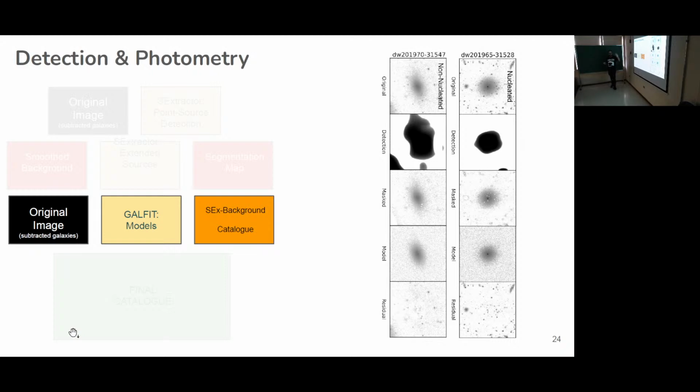As I said, I should have put this plot here. Now I see this. When we compare the sizes and luminosities of our detected objects with regular dwarf galaxies in other environments, let's say we have a very faint object that we model with GALFIT, but it is not really a galaxy.